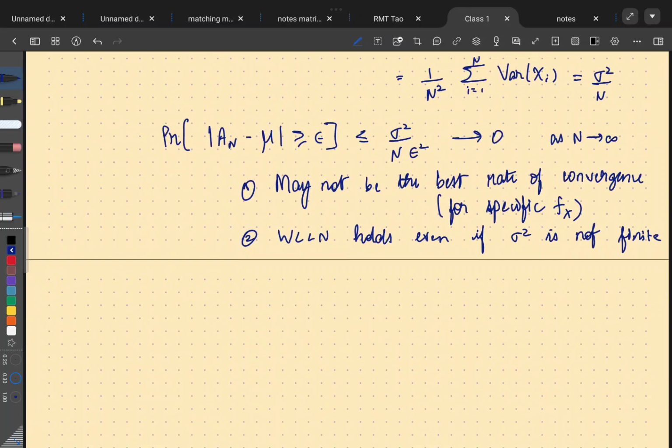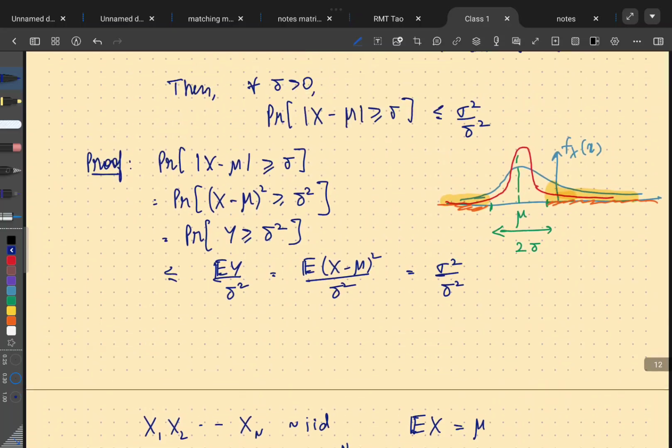So far, Chebyshev's inequality gives us some bound on the tail probability, but as we've seen, the bounds aren't great. You will always get a polynomially decaying bound. In fact, if you think about it, you could generalize Chebyshev's inequality a little more, because what was the trick that we used?